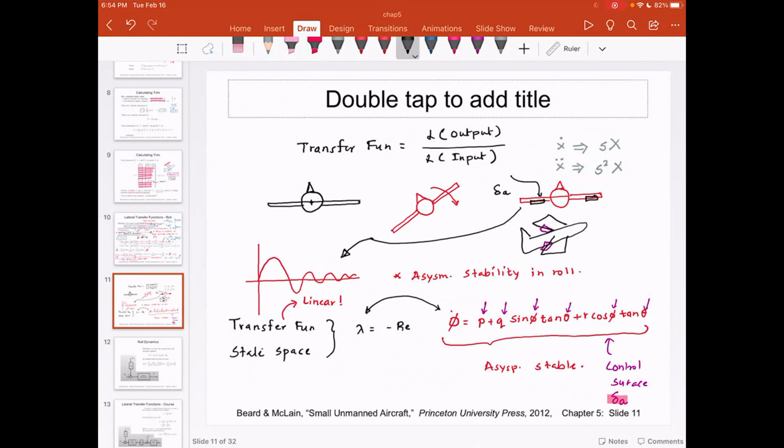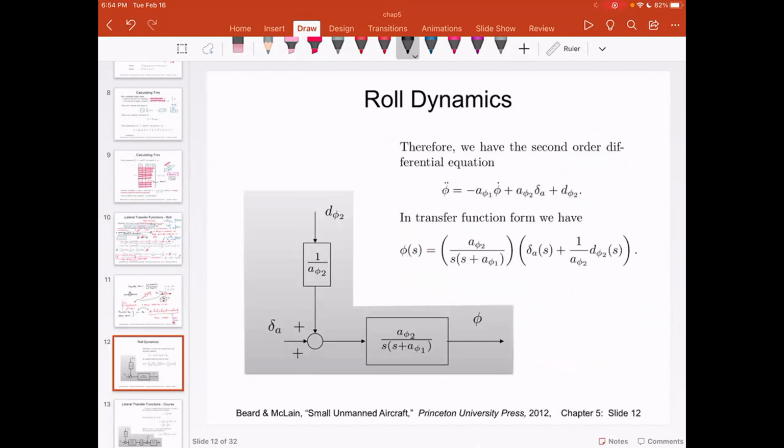Let's talk about a very simple transfer function implementation. I'm going to have my input as aileron deflection, and my output is nothing but the roll angle. So what it means is this equation. Now I'm going to take the Laplace transform.